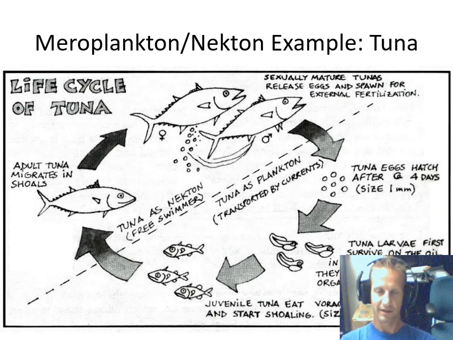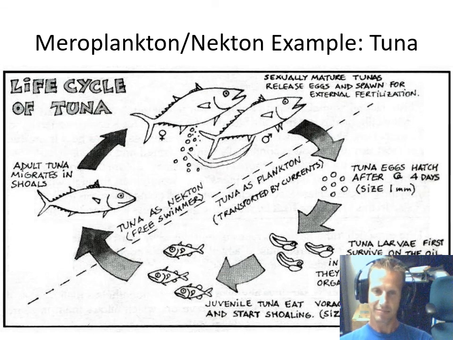Even some really large vertebrates are plankton as juveniles. So tuna, some of the largest bony fish in the oceans, have tiny, tiny eggs that hatch into tiny larvae, which can barely swim, and they just drift as part of the plankton, eating other, even smaller plankton.